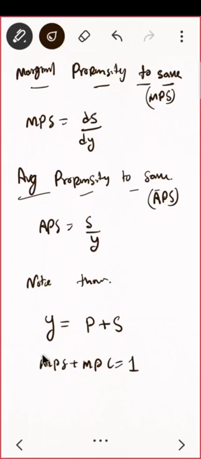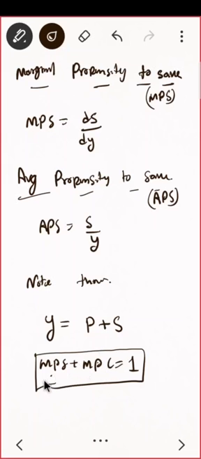So you remember this. Or you just differentiate with respect to y, then you'll be having that.